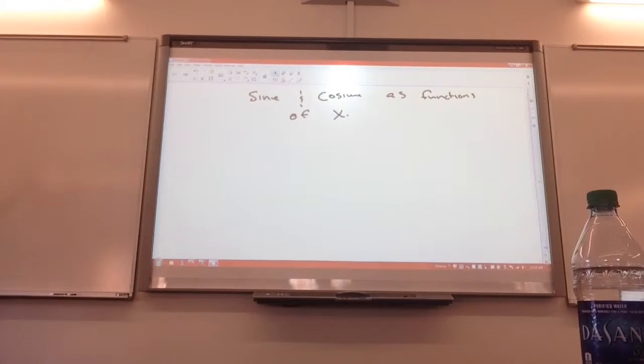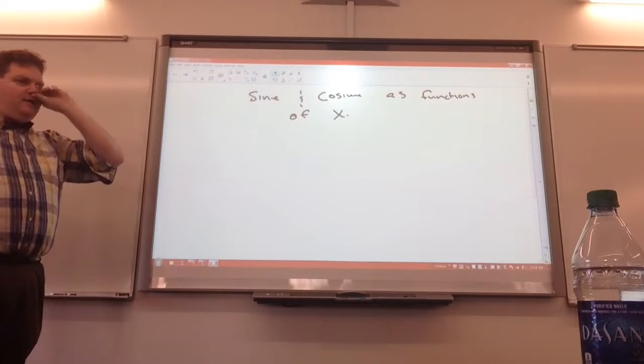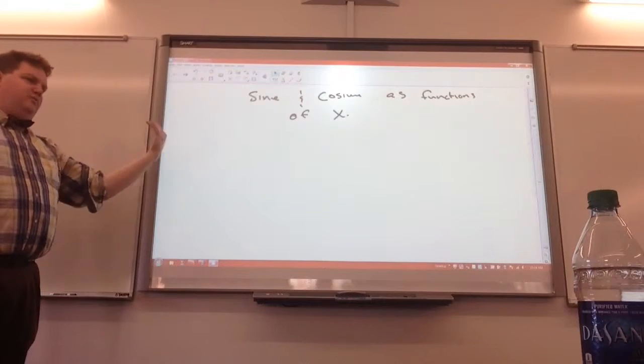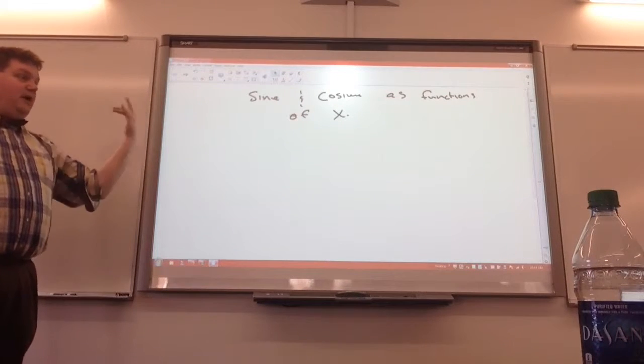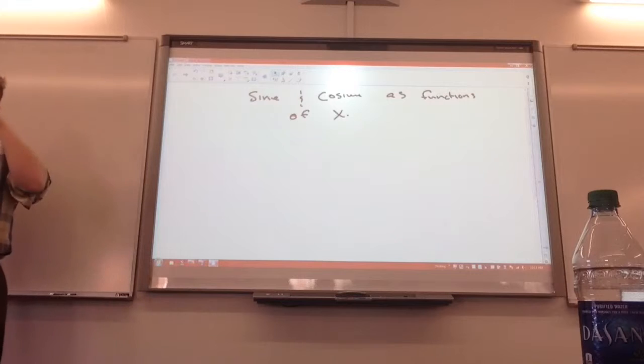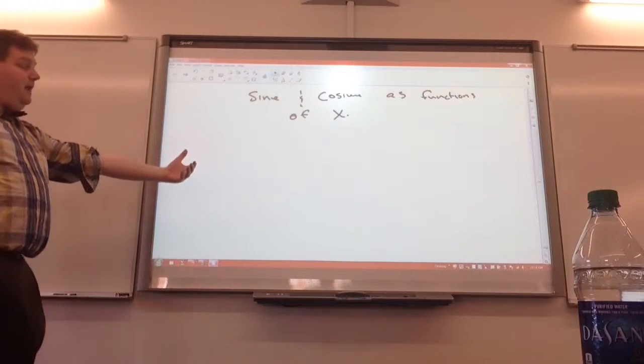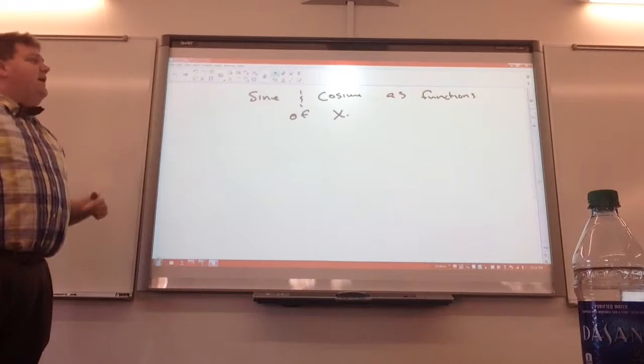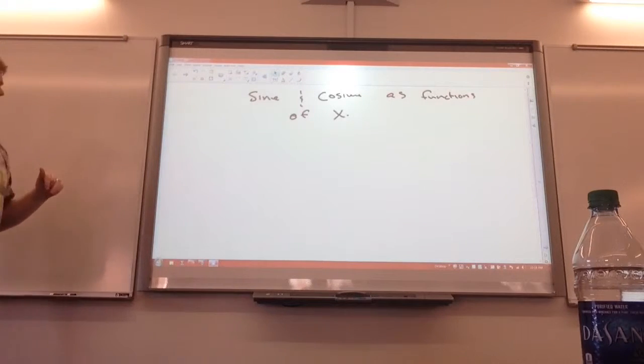We did an example when we were playing around with the unit circle to see how you can use it to model things, about how we can turn these trigonometric identities into functions. We're going to pick that up and do it more formally today, going through the ins and outs of how the sine and cosine work as functions of x.